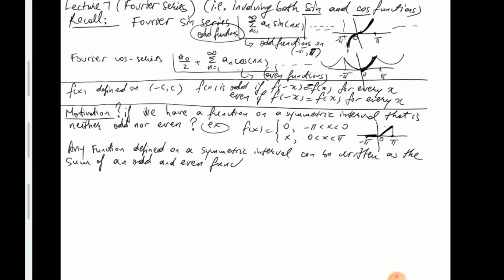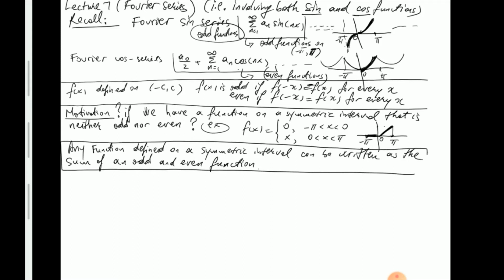So actually things are much easier than you may think. We basically use what we learned before and split the function into an even and odd part. And if I want a series representation, we simply put in the sine series representation for the odd part and the cosine series representation for the even part.